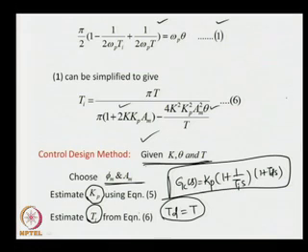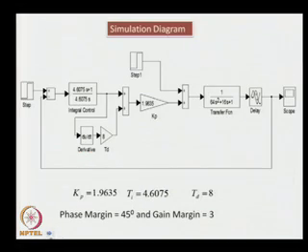We shall make use of this phase and gain margin method for designing controllers for a TITO system. Before that, let us see how the control loop performs with the design values of the Kp, Ti and Td.